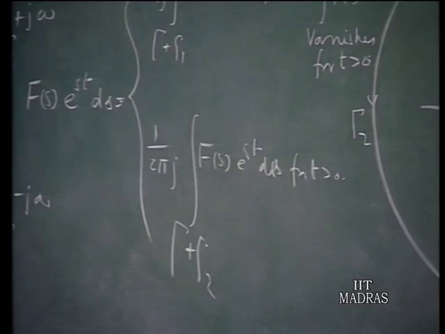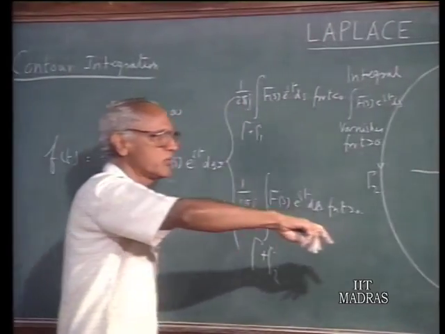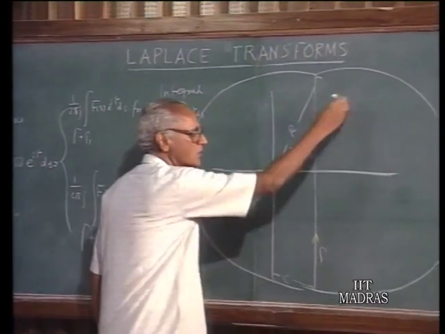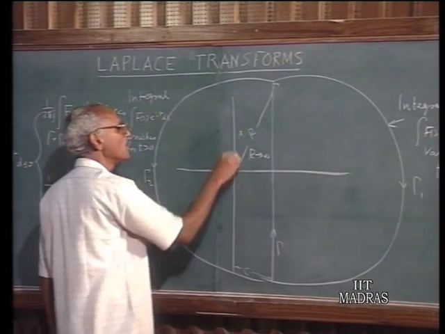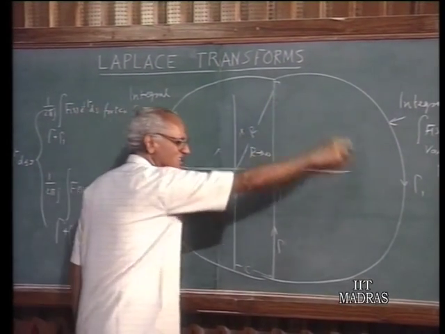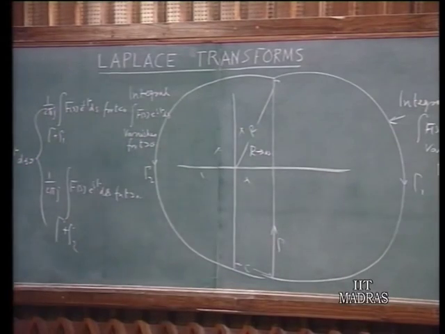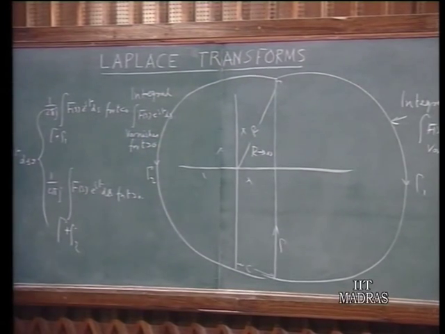And it turns out that as far as this contour integration is concerned, there are no poles inside because all the poles will be here. Therefore, since this closed contour does not include any poles, this turns out to be 0.